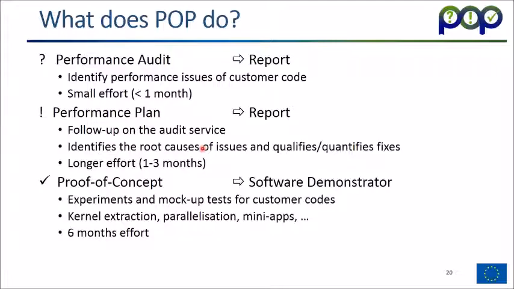This tends to be followed by a performance plan where we identify the cause of those issues and suggest possible fixes. And perhaps the final stage is the proof of concept, where we actually demonstrate those improvements in software. So this is likely to be some kind of standalone app implementing those changes, and this could be a significant amount of effort.